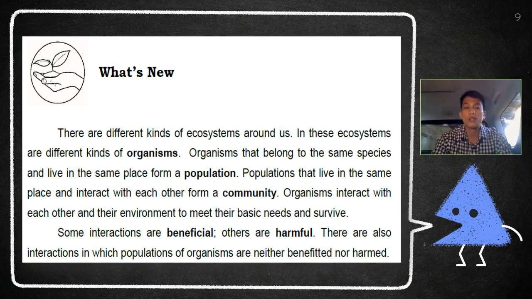Populations that live in the same place and interact with each other form a community. Organisms interact with each other and their environment to meet their basic needs and survive. Some interactions are beneficial, others are harmful. There are also interactions in which populations of organisms are neither benefited nor harmed.